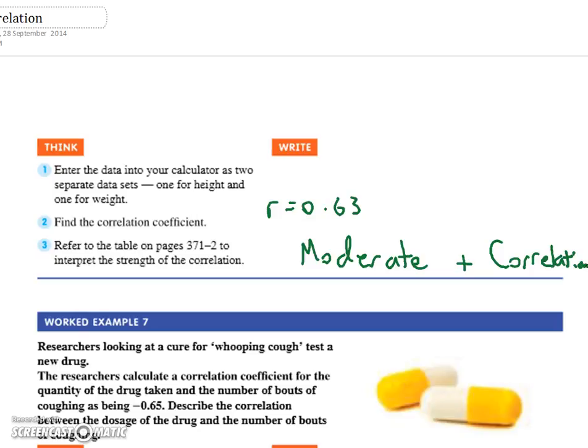Positive moderate correlation. There we go. Moderate positive correlation. Everyone happy with that? Few steps, but you wouldn't be asked a question where you just had to work that out and nothing else.